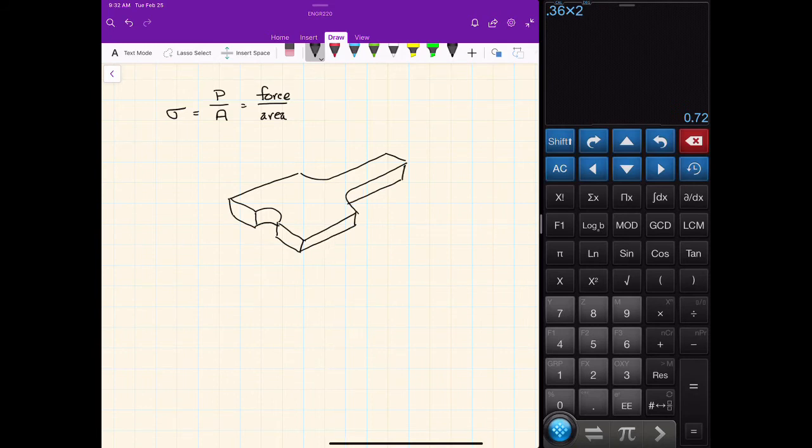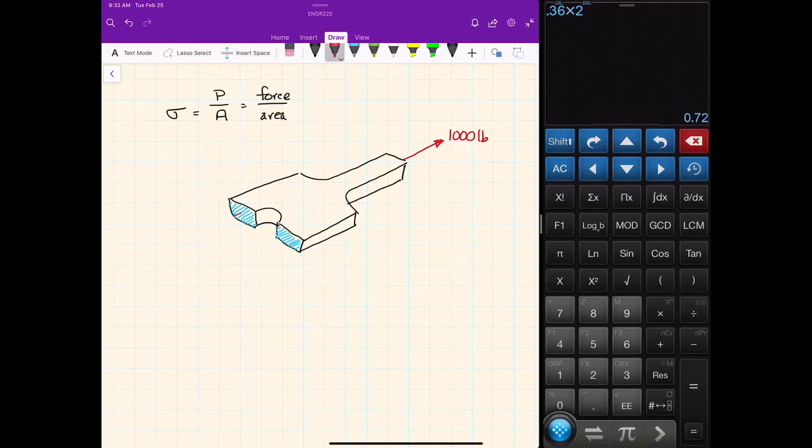So our 1,000 pounds is over here pulling, creating a tensile stress. And these little areas here are having to support that 1,000 pounds. And so there's stress on those blue areas.